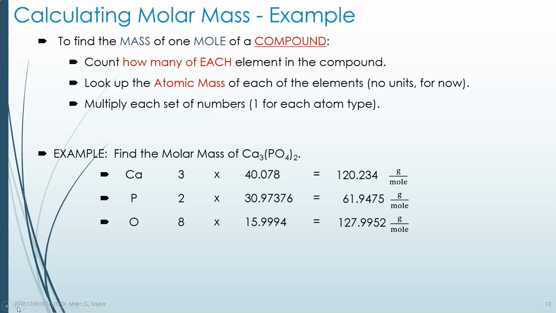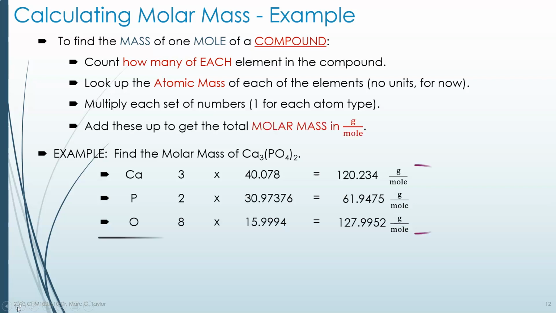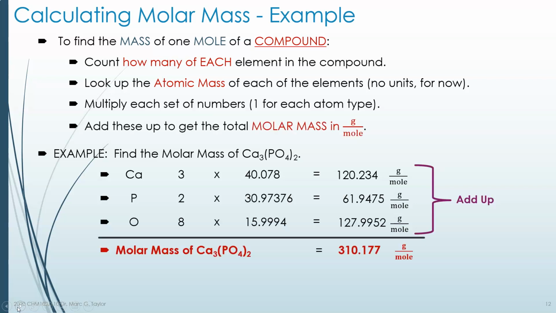And none of these numbers on the right, the 120.234, the 61.9475, etc., mean a lot by themselves because they contribute to the total mass of the calcium phosphate. So you need to add them up, and then you get this value of 310.177 grams per mole.